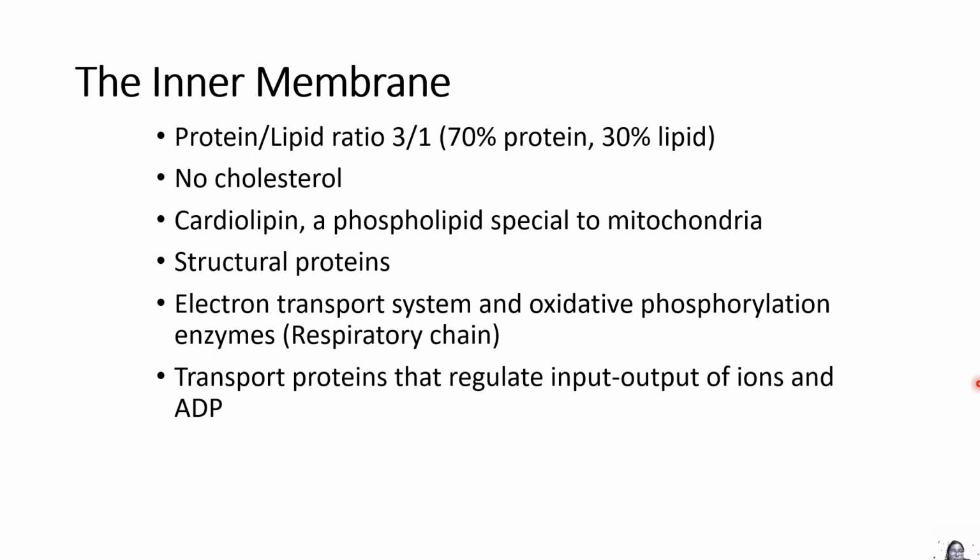It has no cholesterol, but has cardiolipin, which is a phospholipid special to mitochondria, and structural proteins, electron transport system, and oxidative phosphorylation enzymes of the respiratory chain, and transport proteins that regulate input-output of ions and ADP.